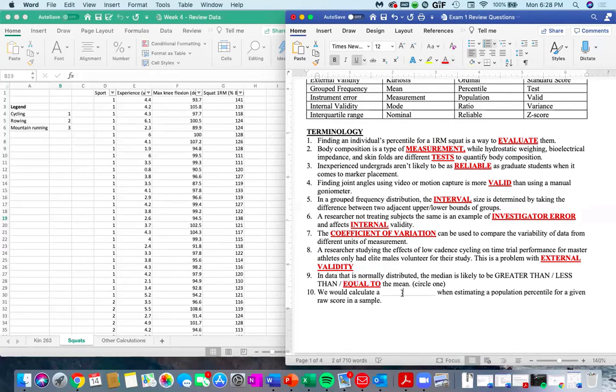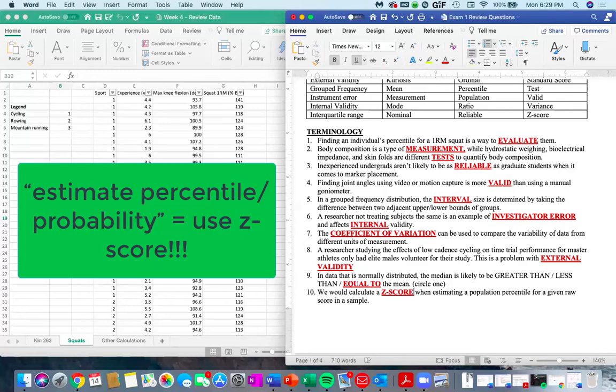We would calculate a blank when estimating a population percentile for a given raw score in a sample. There's 2 different ways we can calculate, right, percentiles, and yeah, Isaac just popped in the chat z-score. Okay, so that's one distinction I wanted to make, is that anytime you see estimate percentile, you're going to automatically go towards z-score.